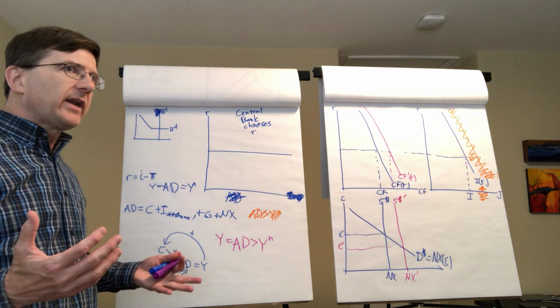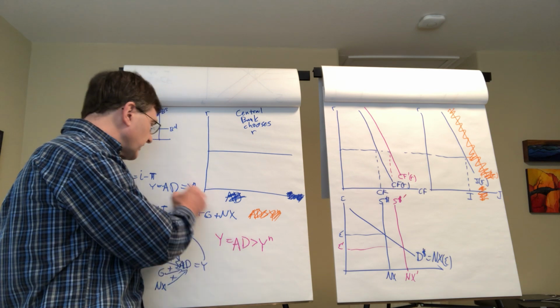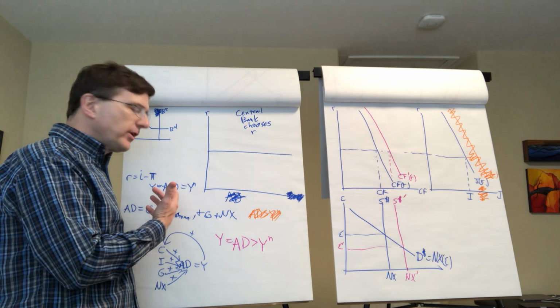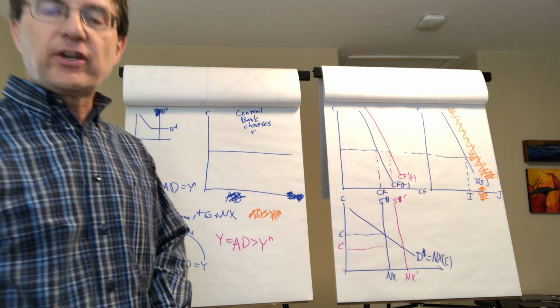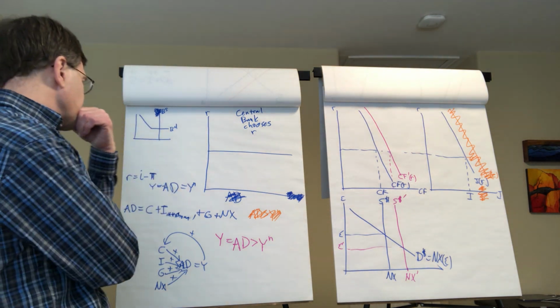And you might say, wow, what happens to consumption? Well, if output is going to go back to the natural level, then that output is income as well. And so there's no reason for consumption to change, really. I suppose you could worry about the interest rate effect on consumption.